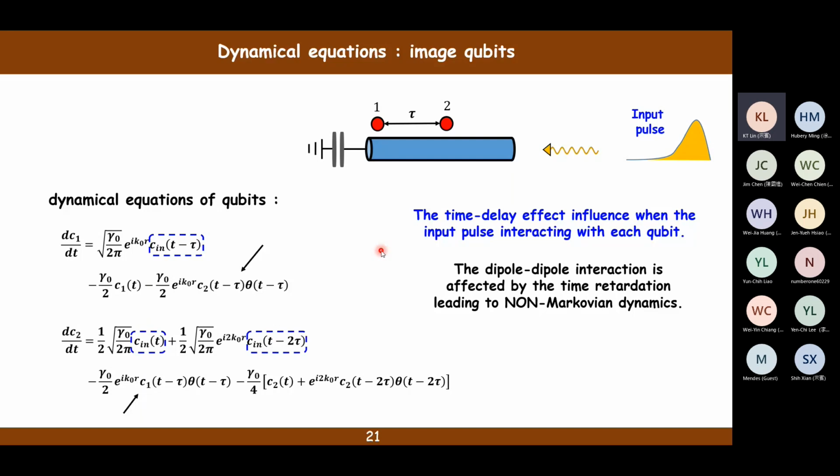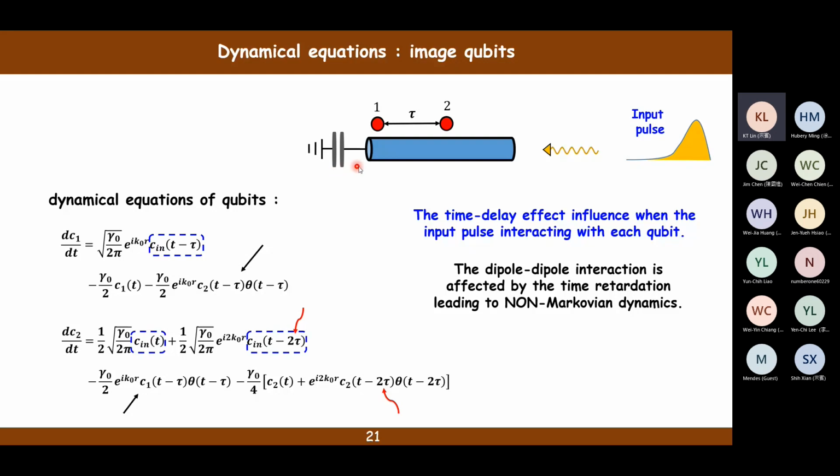And we also find that we always have this factor of 2 tau here. It can be understood from the image qubits model. This image qubit is like the concept of image charges from electrodynamical theory.